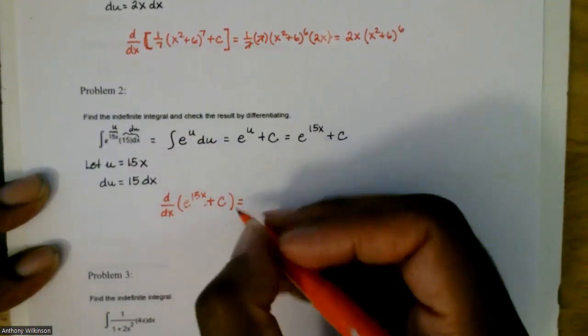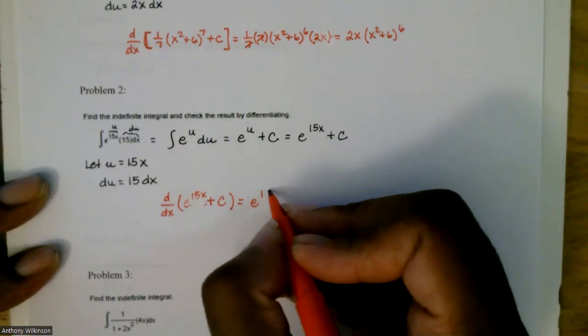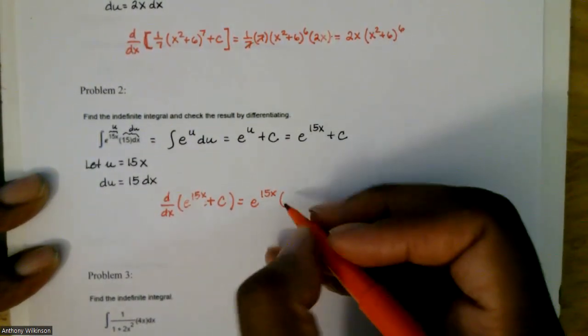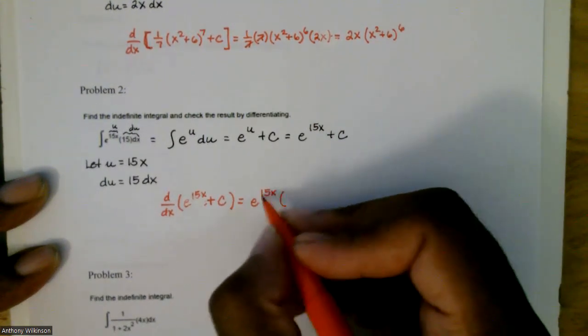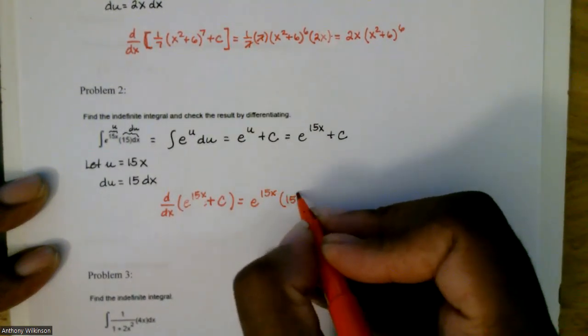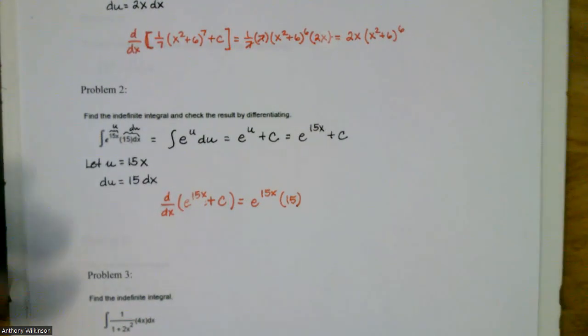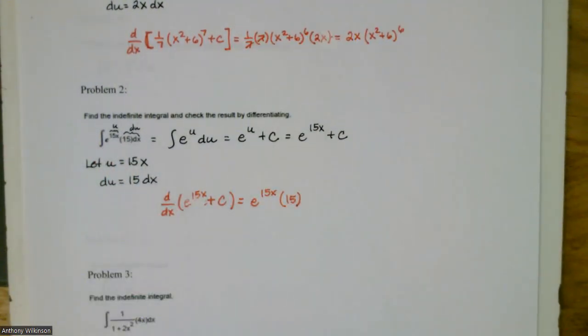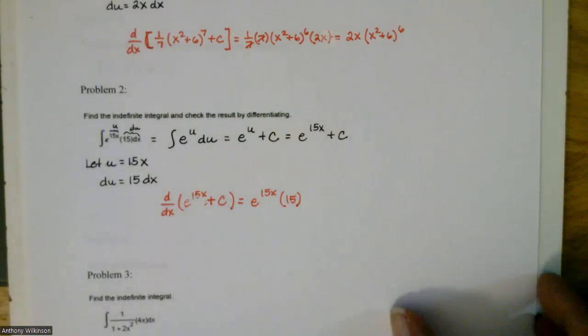Well, the derivative of e to the 15x will be e to the 15x times its inside derivative. The derivative of 15x will just be 15, which is exactly what I have here, e to the 15x, and then the 15. So that means I've correctly found its integral.